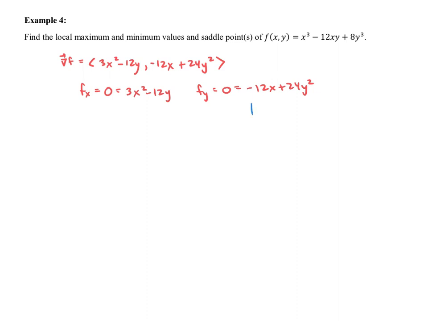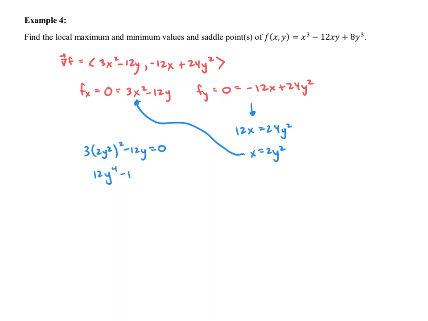What I think I'm going to do is take this second one here, and I'm going to set 12x equal to 24y squared, which means that x is equal to 2y squared, and then I'll use that over here in the first equation. So then what we get is 3 times 2y squared minus 12y equal to 0. So I have 12y to the 4th minus 12y. We can factor and solve. And in this case, I just get y is 0 and positive 1.